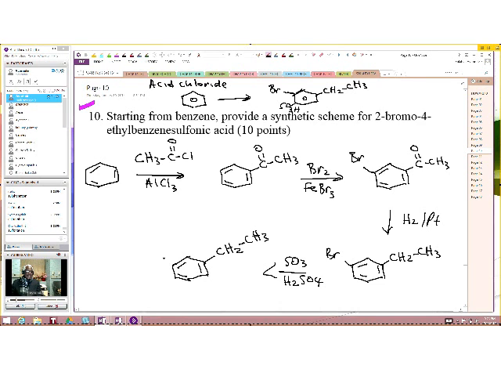Because if you start with the wrong sequence, then you will not get to your product. And that is this product right here, 2-bromo-4-ethylbenzene sulfonic acid.